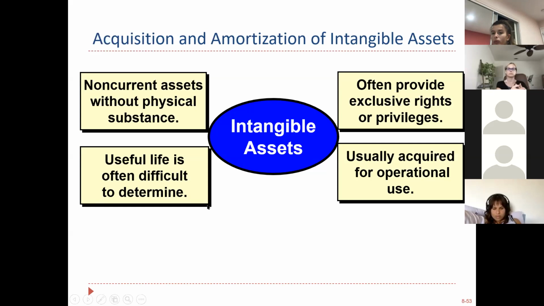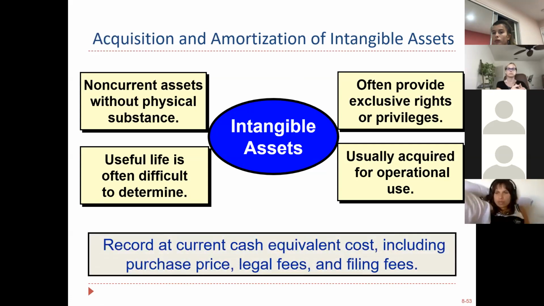Useful life can be hard to understand. You buy them for a reason. And they have exclusive rights or privileges. A patent, a copyright, a trademark, a franchise fee. A lot of different things are intangible assets, and there are reasons for these rules, okay?